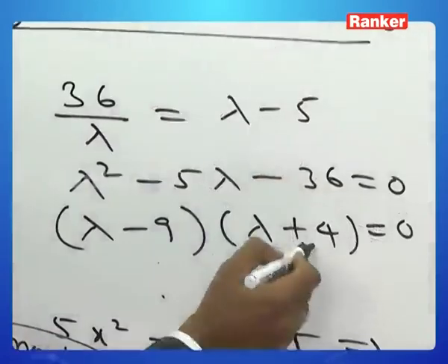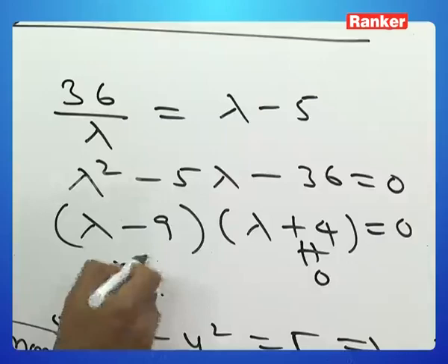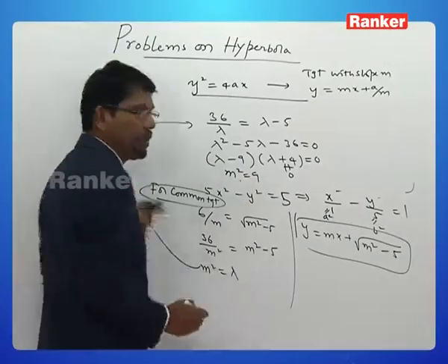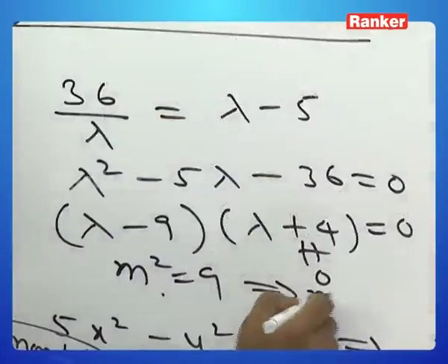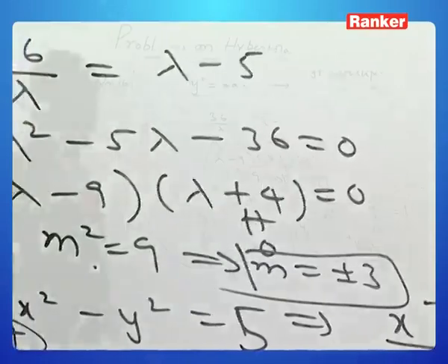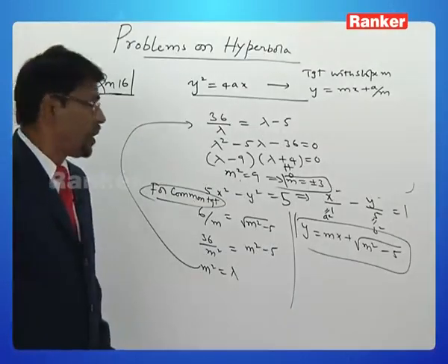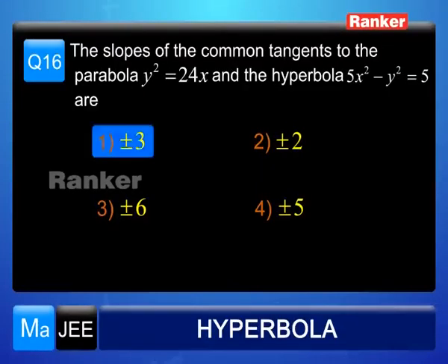So lambda has to be 9. That is, m square is 9, which implies m is plus or minus 3. So the common tangents can have slopes plus 3 or minus 3, and therefore option 1 is the right option.